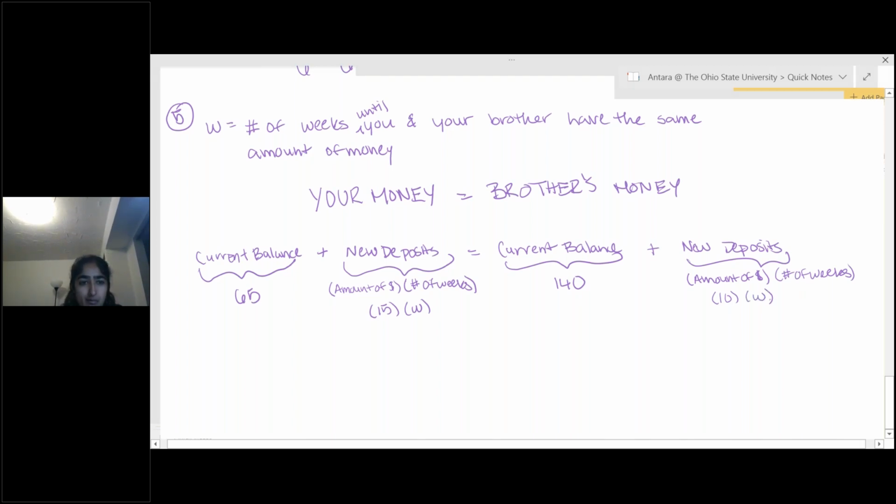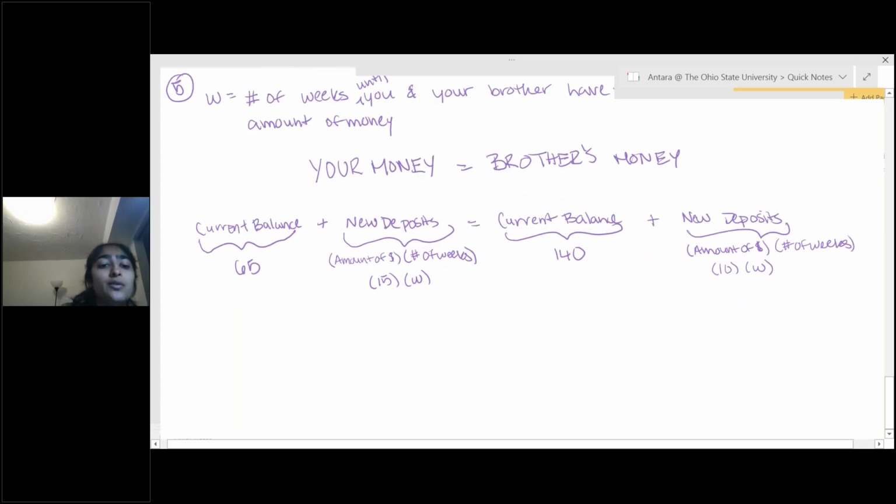So let's go ahead and just simplify this into the actual algebraic equation. So here we have 65 plus 15W equals 140 plus 10W. So we want to get one variable term. That's the first thing. We don't have any parentheses.